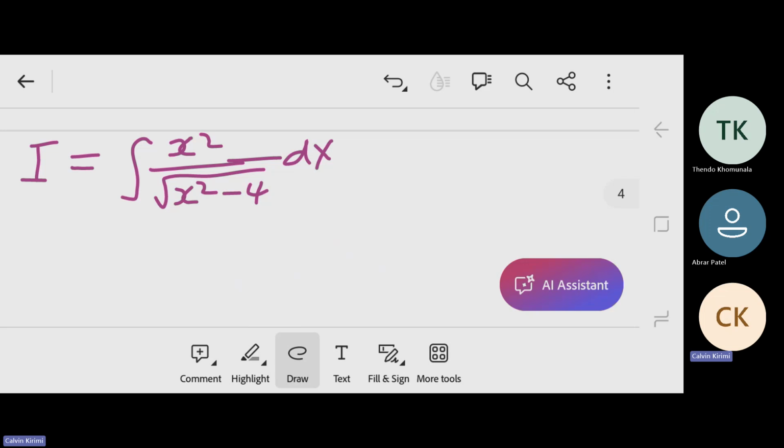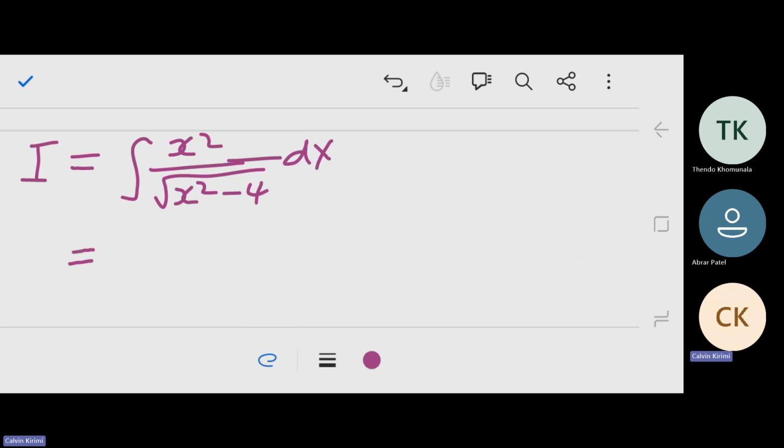Now instead of writing that, we can write it as an integral where there is x squared. Where there is x squared, we are going to replace it with 4 secant squared theta.